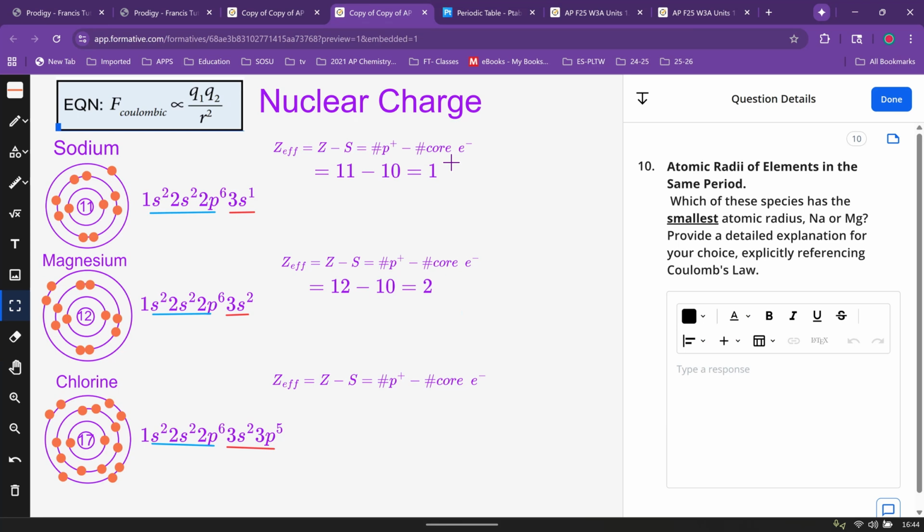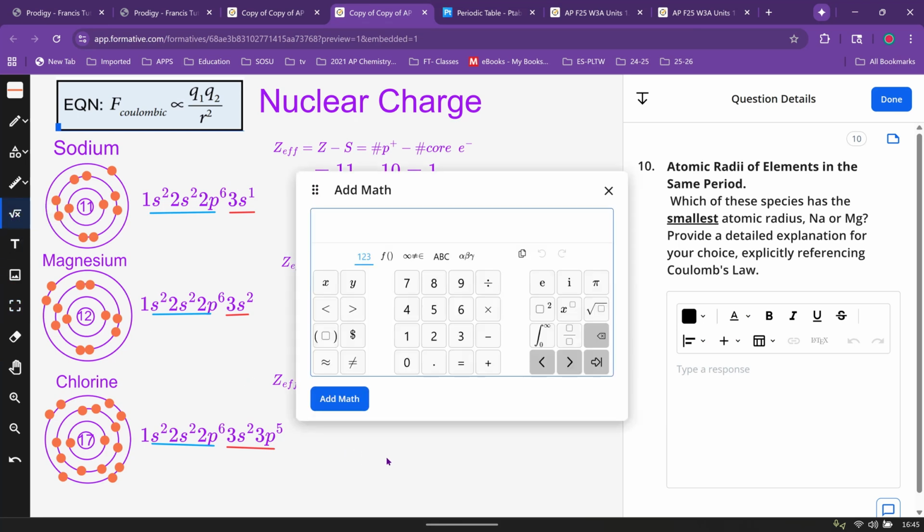Now, as we go across a period, we notice that the number of core electrons always remains the same, but the number of protons increases. So when we get to something like chlorine, even though we're not asked about it here, we're going to keep the same number of core electrons.